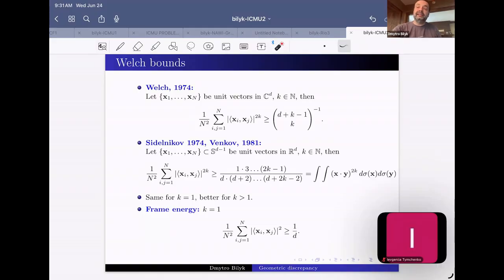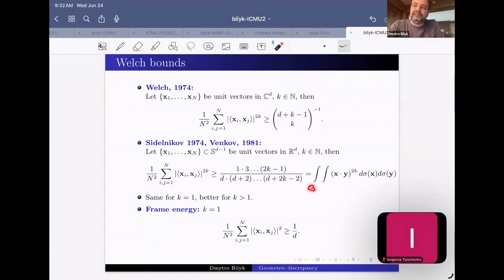So this inequality is actually sharp in the complex case, but it turns out that it's not sharp in the real case. You can improve it in the real case, and you can have something very similar to what we just discussed about the integral and sums of distances. The discrete energy of this type is bounded below by the continuous energy.